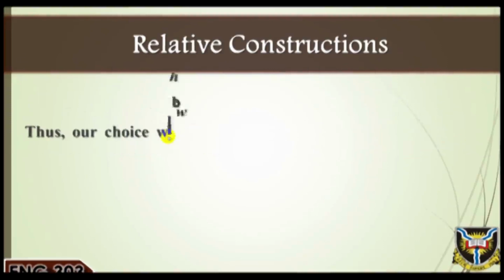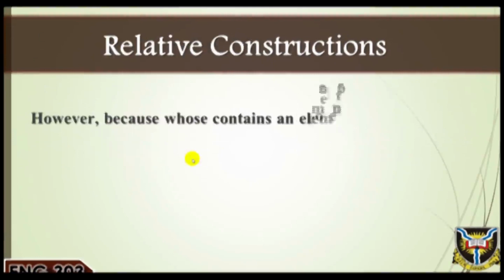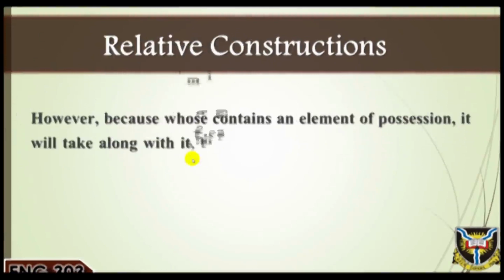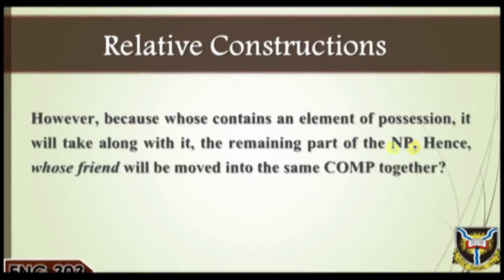Thus, our choice will be whose. The next step is to move the relative pronoun into comp. However, because whose contains an element of possession, it will take along with it the remaining part of the NP. Hence, whose friend will be moved into the same comp together.